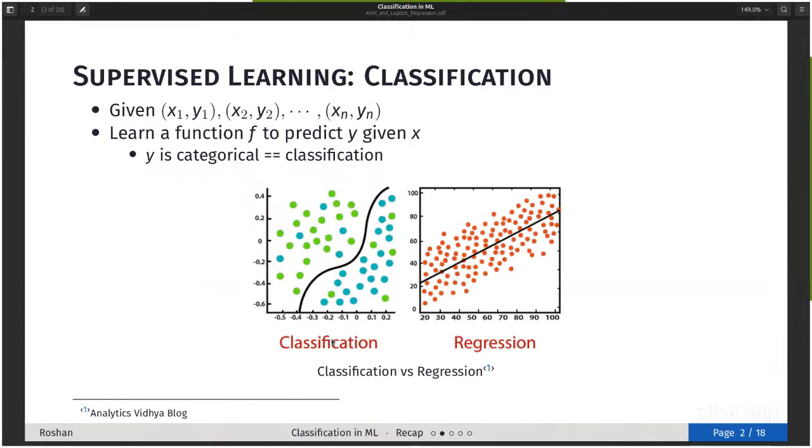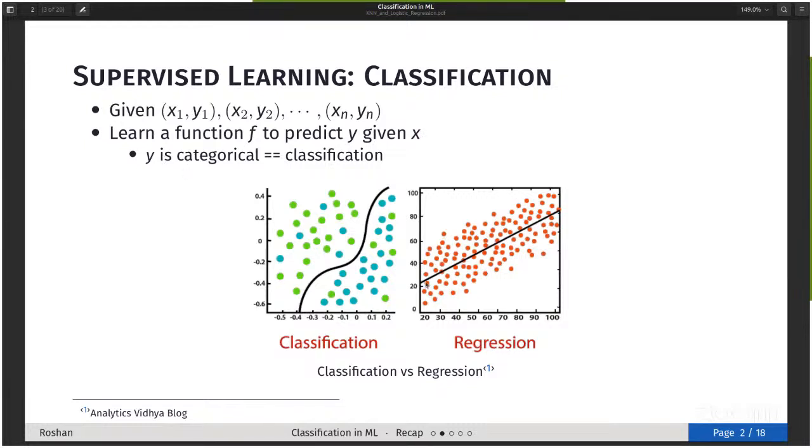So what you do is supervised learning. So you learn a function f, you learn this line, okay, to predict y the labels given an input x.